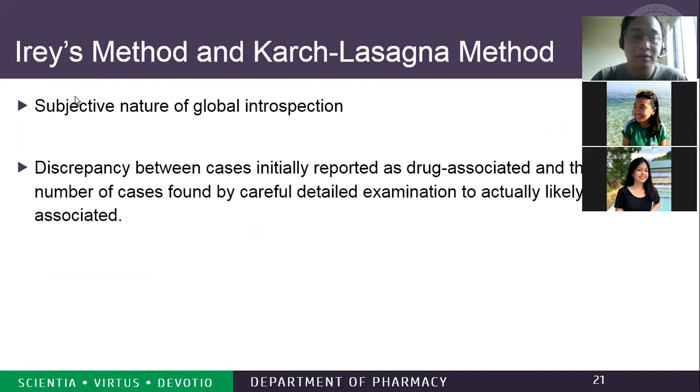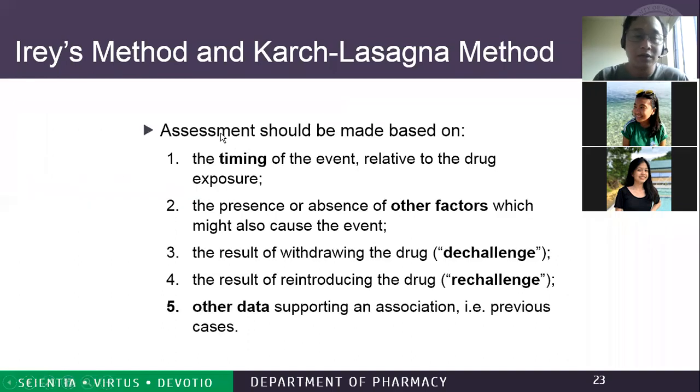They developed these methods using global introspection of the events. They have a basis for assessment: the timing, the presence of observable factors, and so on. It is important to find the de-challenge and re-challenge, which is used in many methods developed afterwards.